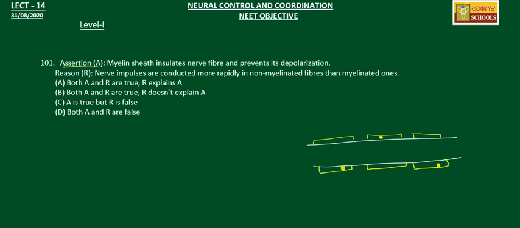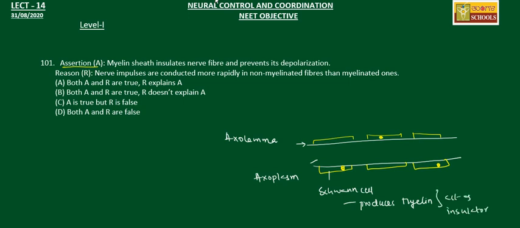Here we have axoplasm, and this is axolemma. Now the nerve impulse that gets transmitted, we know that this Schwann cell will be acting as an insulator by producing myelin. So this is a Schwann cell, and this one produces myelin, and that will act as an insulator, and doesn't allow the impulse to pass across it.